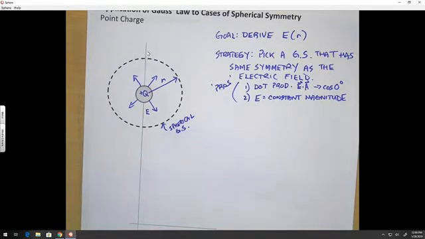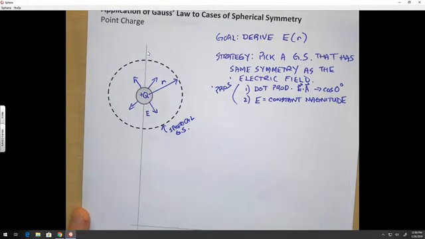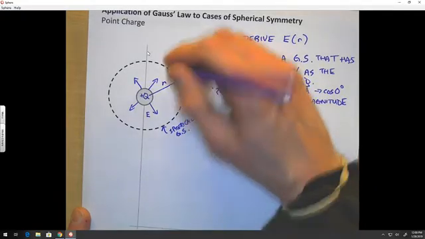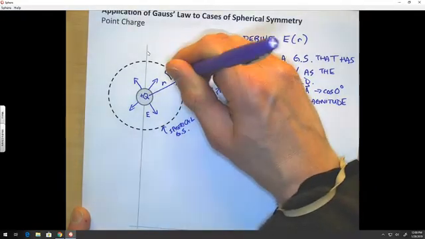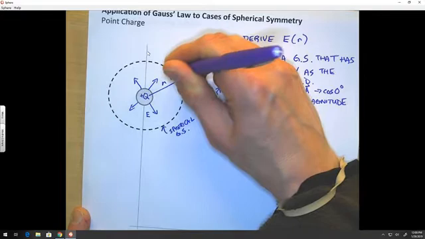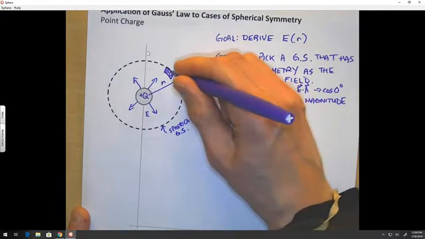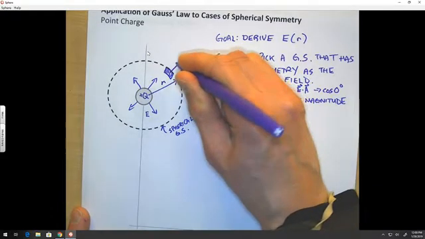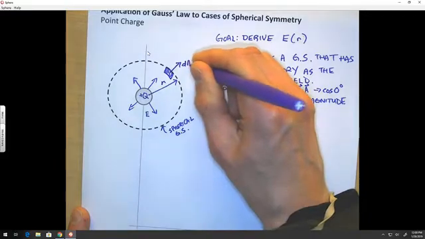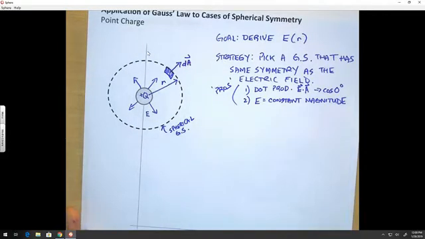All right, and if I do that, the wonderful thing about this is that if I look at any little patch, let me shade this in up here. If I take a little patch of that sphere, that patch is going to have an area vector, dA, which points radially outwards. So my area vector, my dA, is going to point directly away from the center of the circle.